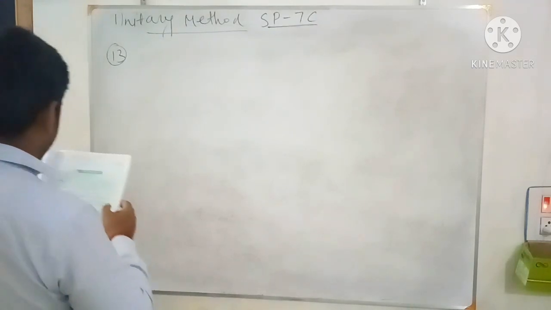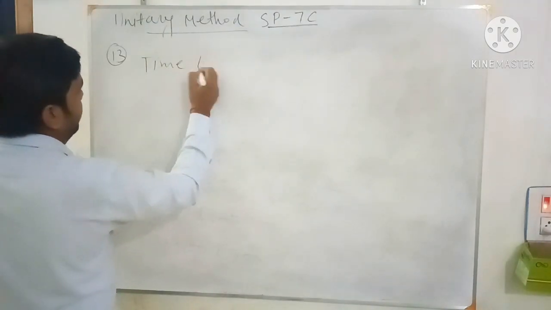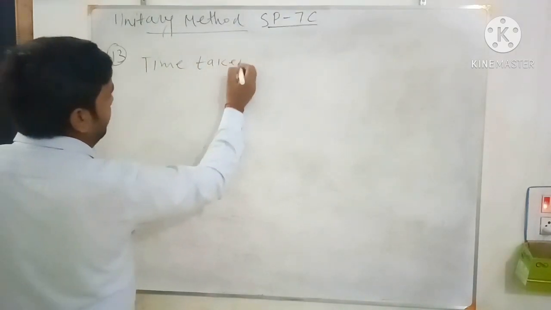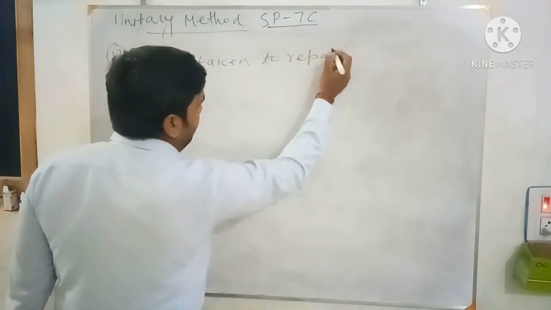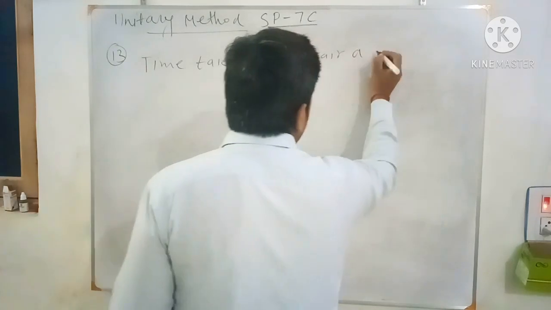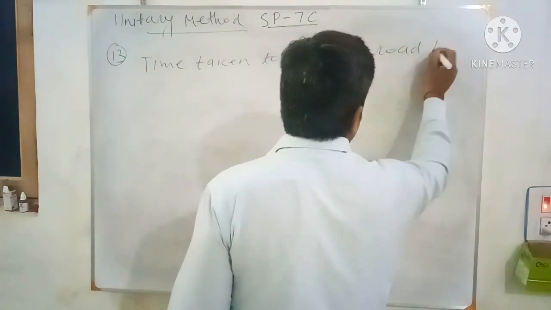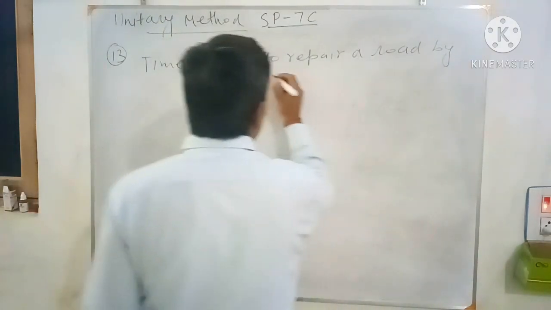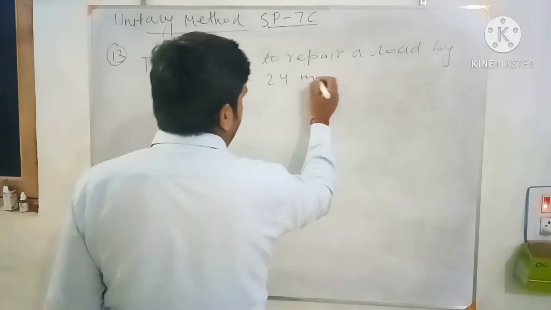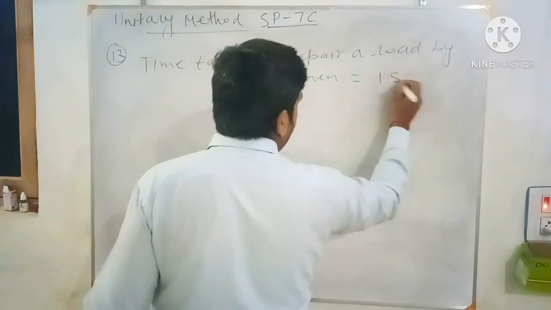So the time taken to repair a road by 24 men equals 15 days.